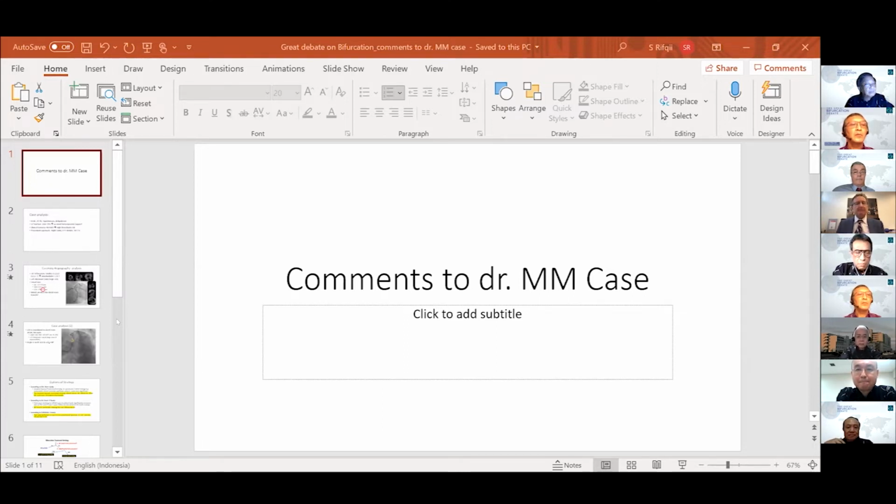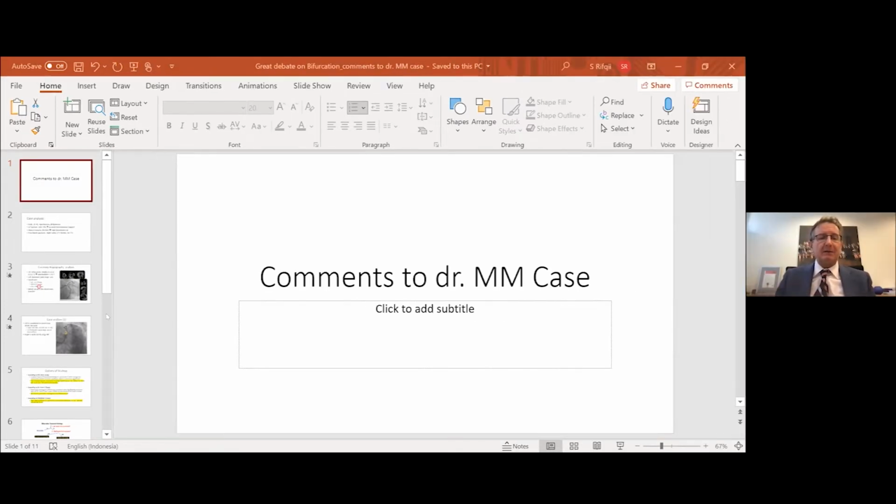Then if the result is not perfect, definitely I would try to use a shockwave balloon from left main to circ. Of course, if you use a shockwave balloon, that's a benefit. You can have other wires in position. If you use orbital atherectomy or rotablator, you can always only work with one wire.